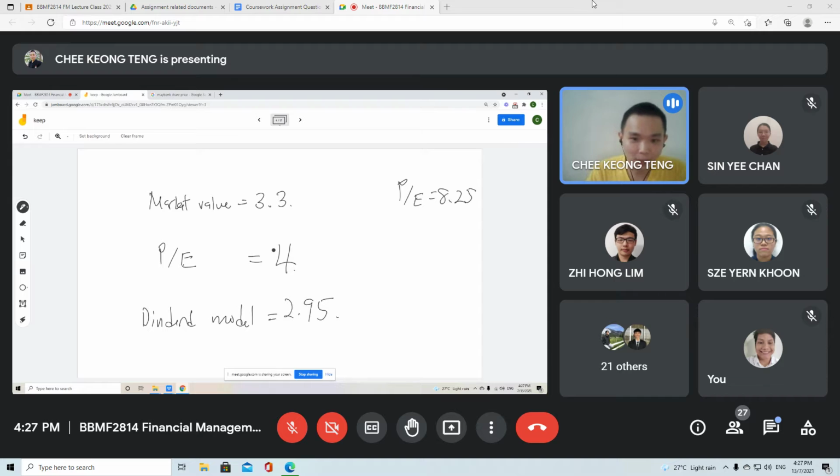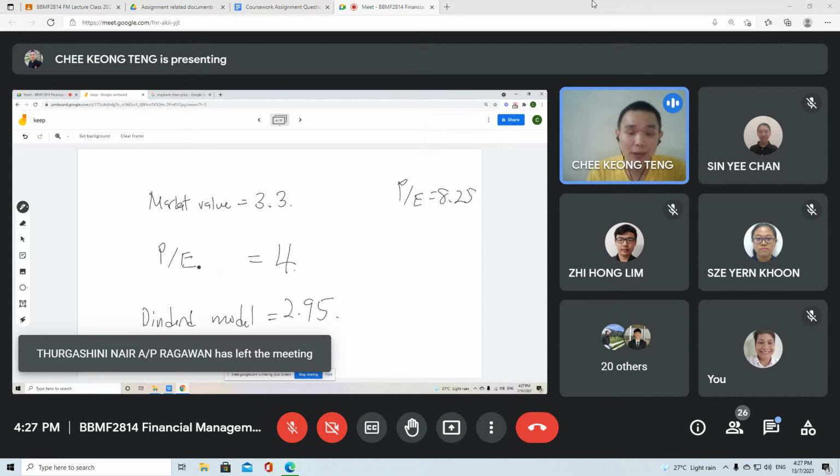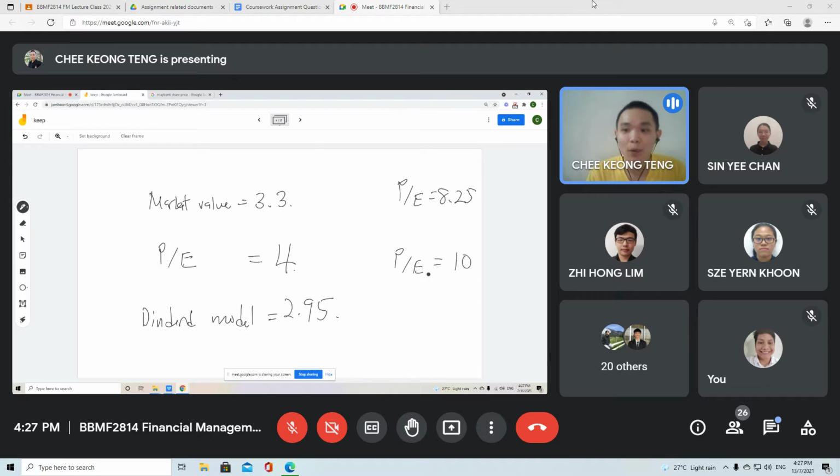Why is the share price higher if you use the PE method? It is because with the PE method, we follow the industry average. We use 10 times 0.4, so we get 4 ringgit. But the real price is 3.3, which means the real PE of the company is actually 8.25 times 0.4, and we get 3.3.